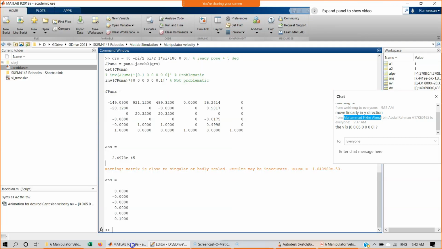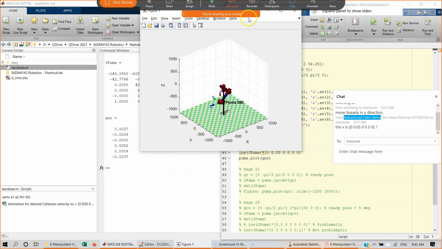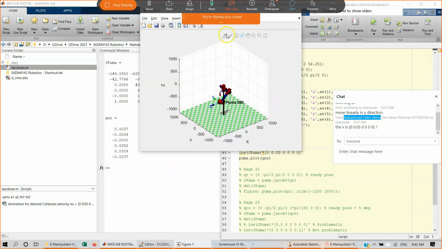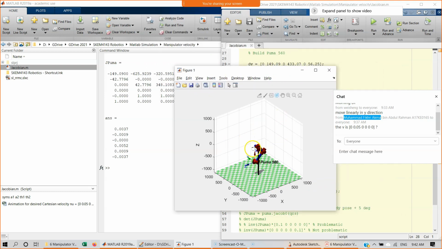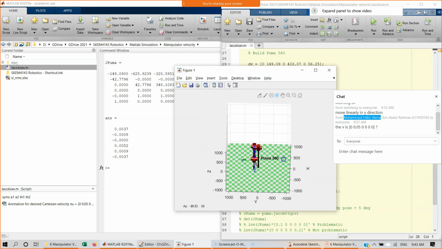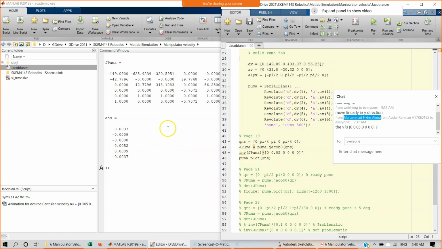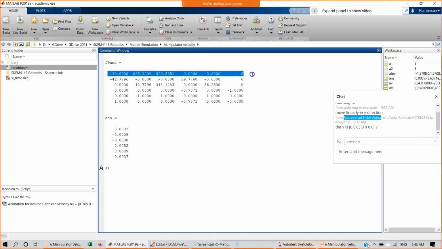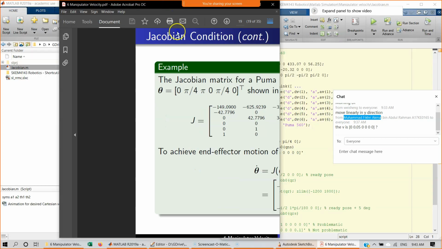So let me show you. So this is the configuration. And this is the Jacobian. It's the same as in our notes, if you want to compare it.